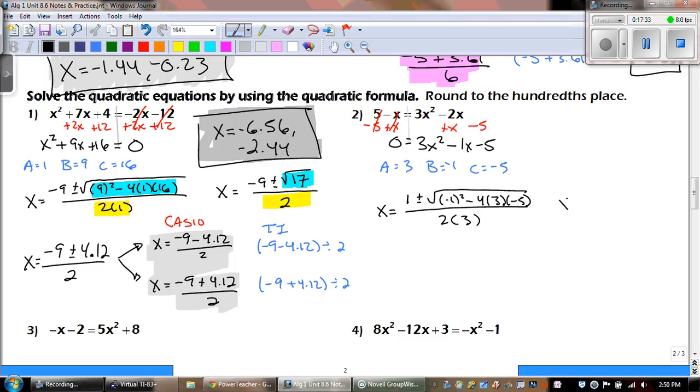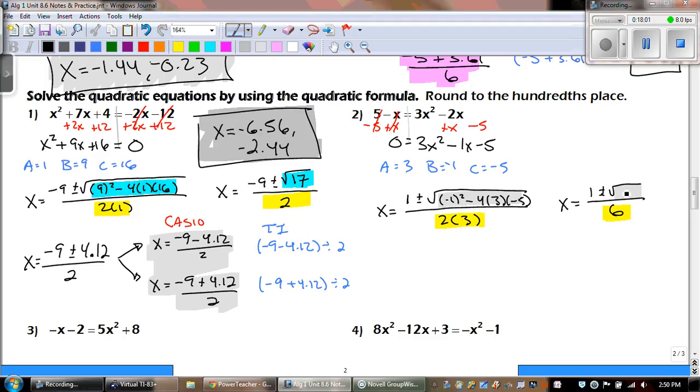All right, next part. We're going to do what's underneath the square root and the denominator. All right. Should have gotten 6 for the denominator. And what'd you guys get for the radicand?